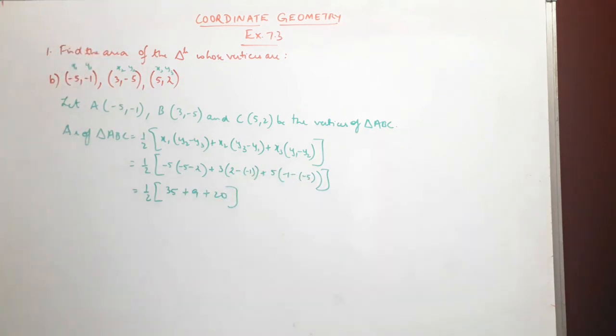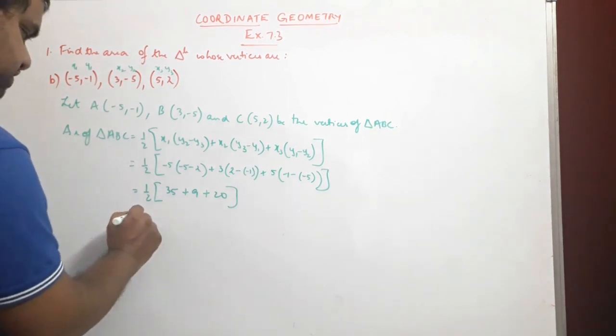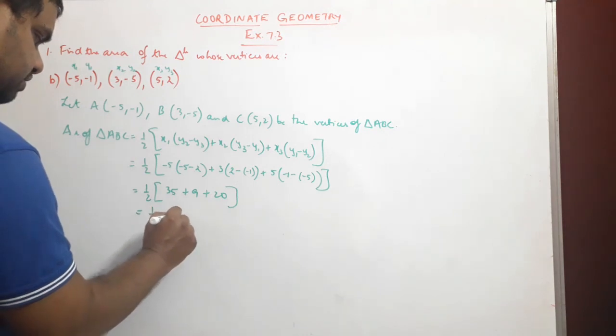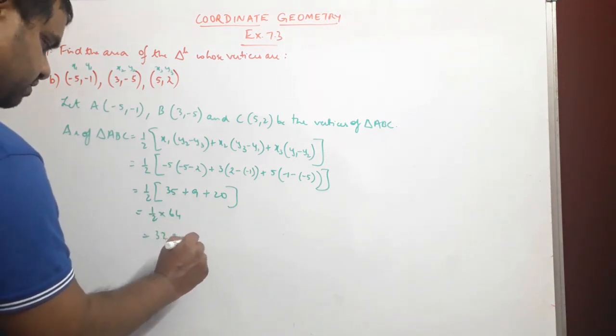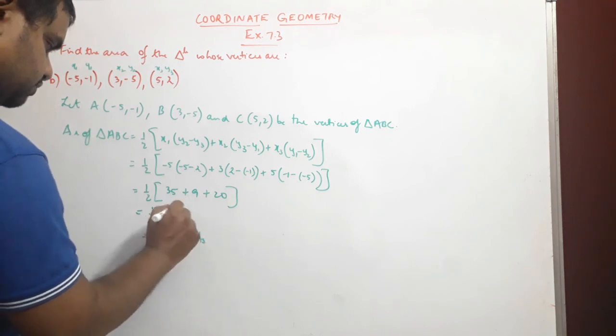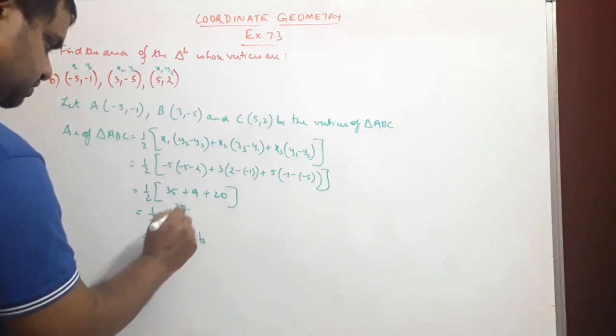Okay. When added, this gives us 64, and when divided, this gives us 32 square units. So 2 into 32 is 64.